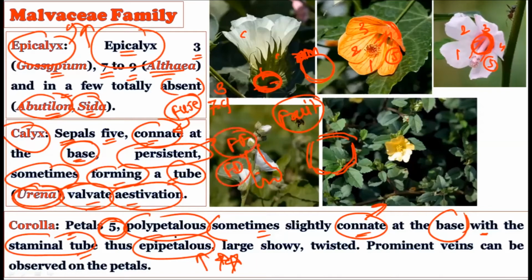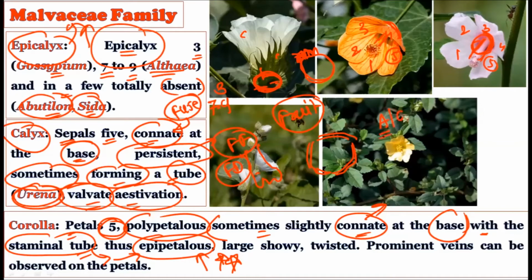Epipetalous literally means the androecium, or the staminal tube, is attached to the petals. It is a very unique kind of condition. Whatever the androecium or staminal tube is, this tube is attached to the petals. So fusion is there between the androecium and the corolla.